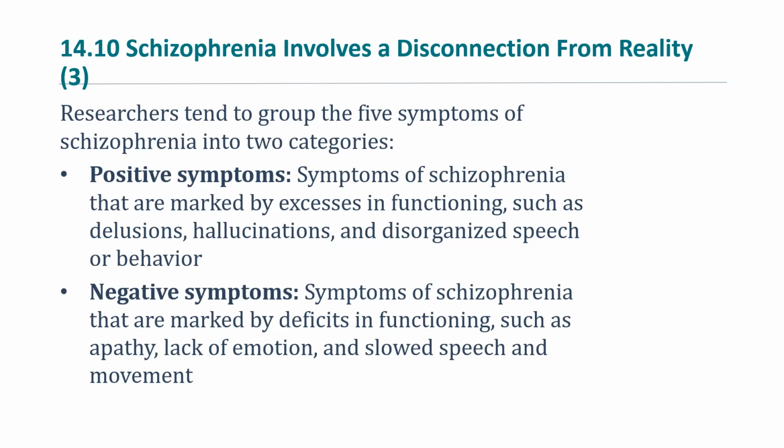So they're positive symptoms because something has been added to the person's normal behavior that wasn't there before. So they now have delusions and they didn't used to, or they have hallucinations and they never used to, or disorganized speech or behavior that never used to be there. So they're excesses in functioning, meaning once again something has been added to what was their normal behavior.